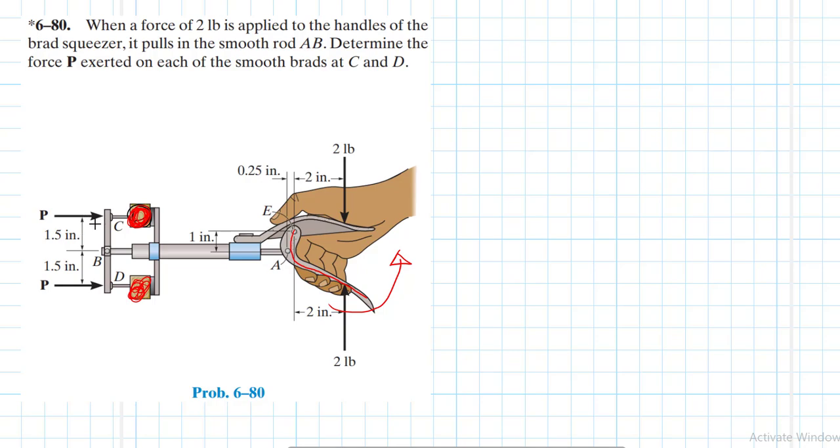So I feel that in the diagram the way it was written, P must not have been indicated, but the question should read more or less the same, just removing P: determine the force exerted on the smooth brads at C, because there's going to be a force from this particular hand that is applying this 2 pounds.